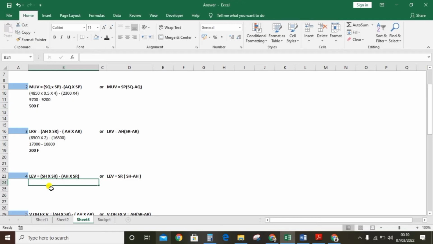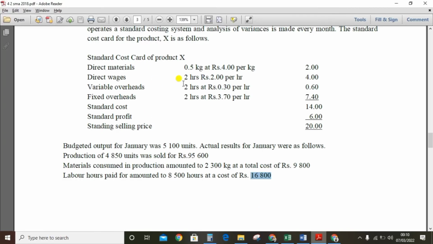So first SH. What is the meaning of SH? SH meaning the standard hours for actual production. So SH, as per the question paper, standard hours 2 hours, for actual production 4,850.